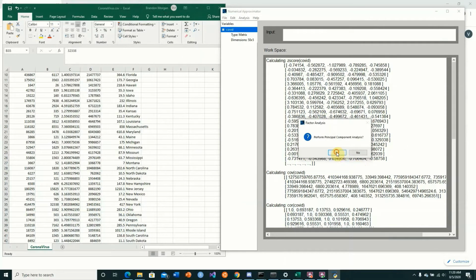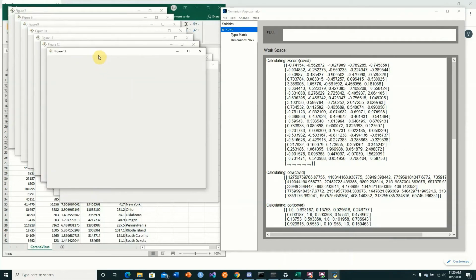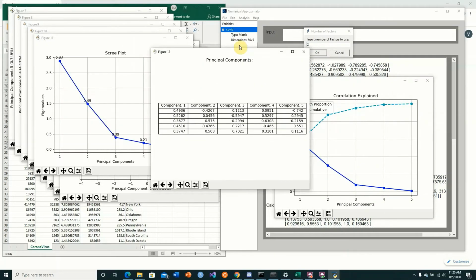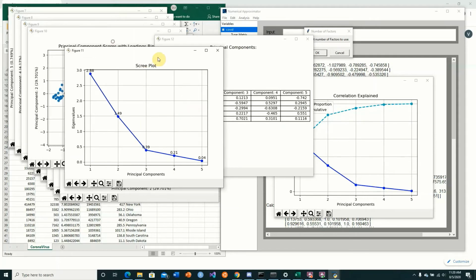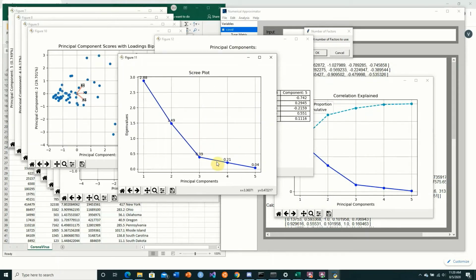So now we're going to perform principal component analysis. Here we have the eigenvectors, the eigenvalues, and a scree plot. We can see that there's not necessarily a distinct elbow.